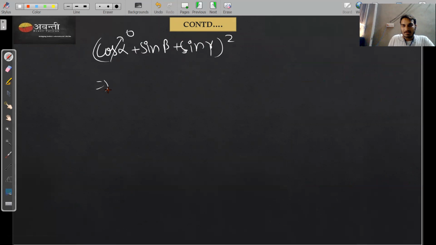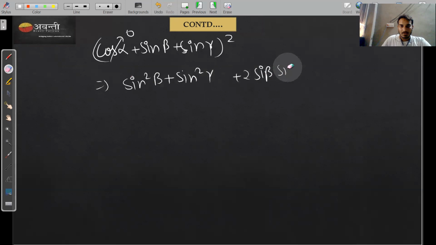So it means sin beta plus sin gamma whole square. Expand this. You get sin square beta plus sin square gamma plus 2 sin beta sin gamma.